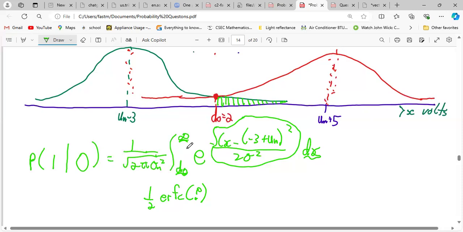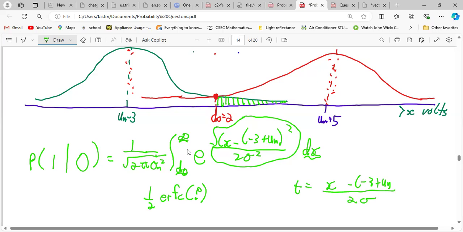Integral will be d0 minus 3 plus mu n on 2 sigma squared, I believe. Well, that might be d0, because when you plug it in, your t will be x minus 3 plus mu n on 2 sigma.